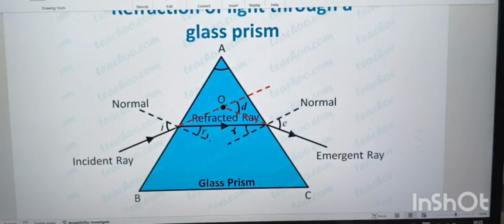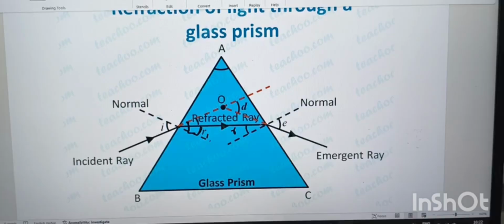just look at this path. If the incident ray would not have deviated in this way, it would have just gone like this. Then consider this entire angle, that also would have been I, vertically opposite. This entire thing is I, but this is R1. From the entire I, if you remove R1, I'll get this angle inside this triangle. Same thing.